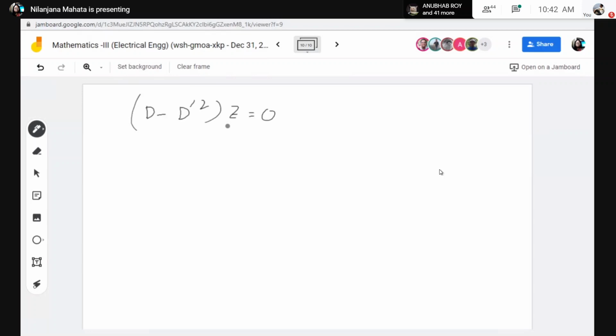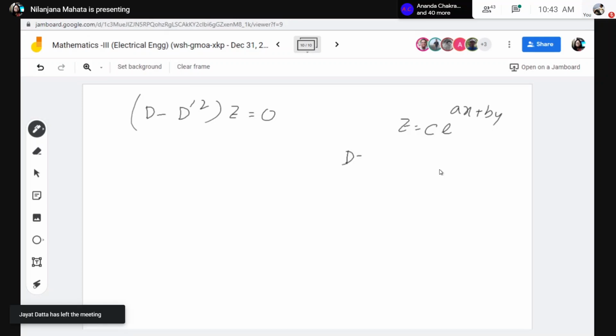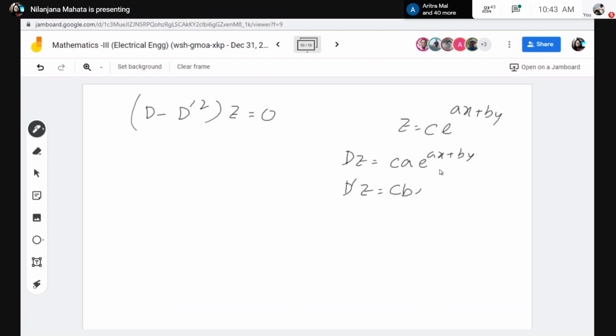Then for this type of equation, we will take a trial solution like z is equal to c e to the power ax plus by, where c is an arbitrary constant. So Dz will be c a e to the power ax plus by, D dash z will be c b e to the power ax plus by, and if I repeat it, D dash square z is c b square e to the power ax plus by.